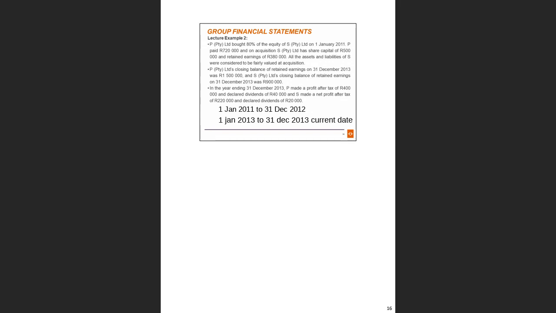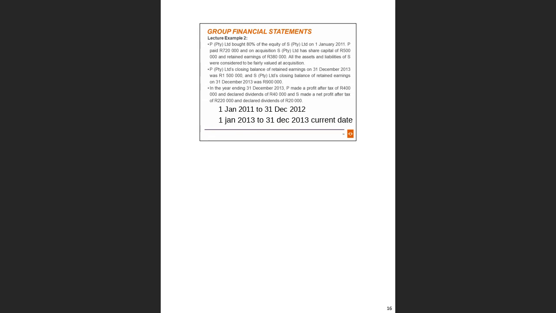Then we want to know what portion of the post-acquisition retained earnings relates to the period after acquisition to the beginning of the current year, which is 1st of January 2011, being the acquisition date, to 31 December 2012, being the date just before the current year.